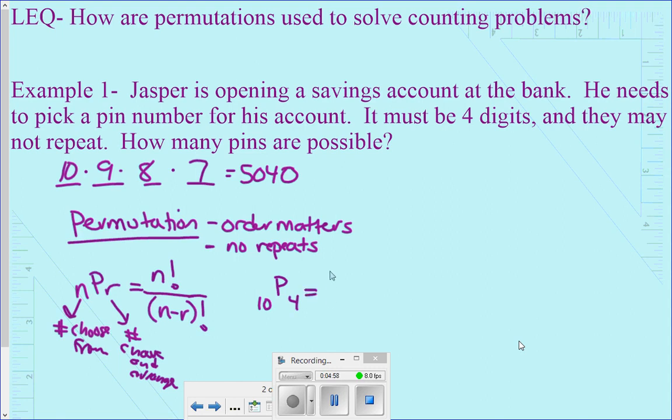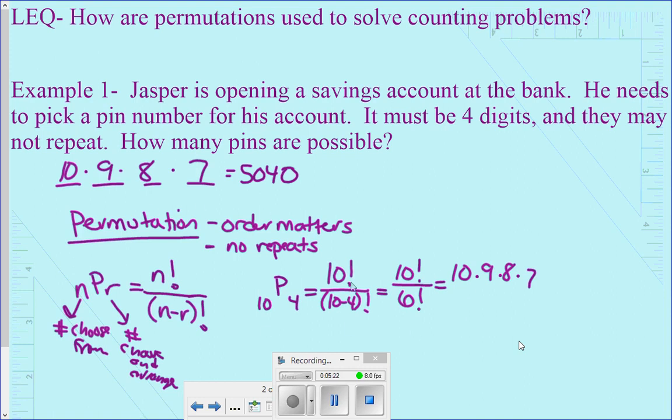So using the formula, that's 10 factorial divided by, in parentheses, 10 minus 4 factorial, which is 10 factorial over 6 factorial. Well, if I keep simplifying that like we did yesterday, the 6 factorials are going to factor out, and we're going to be left with 10 times 9 times 8 times 7, which is exactly how we did the problem when we did the decision chart.